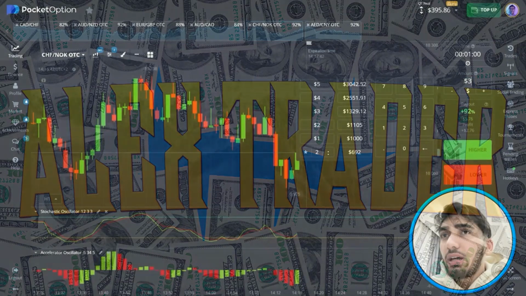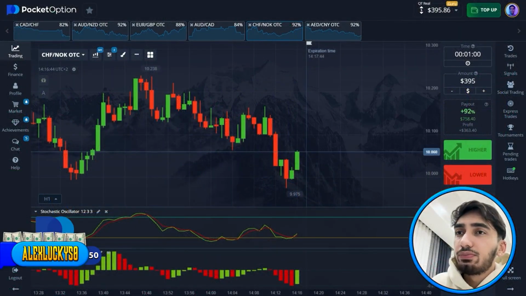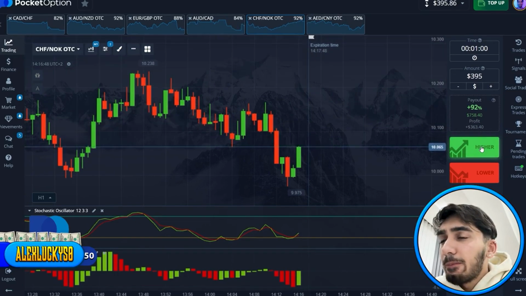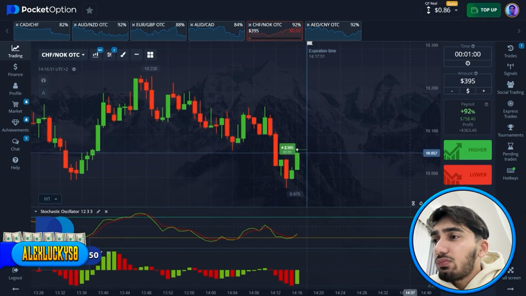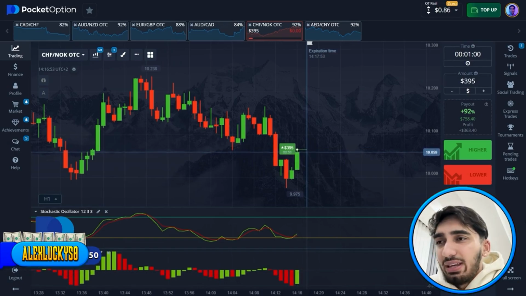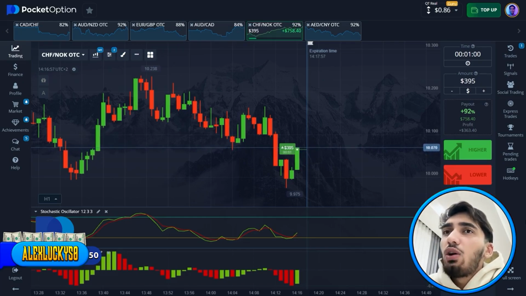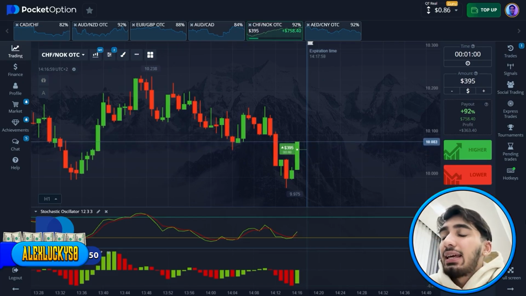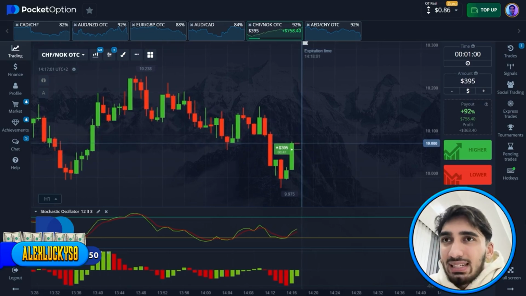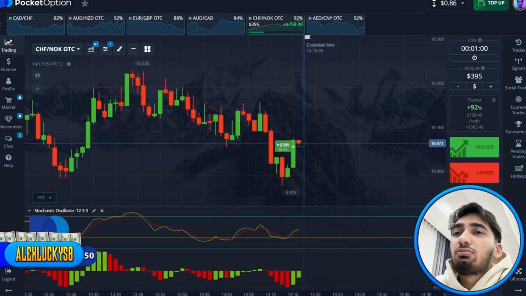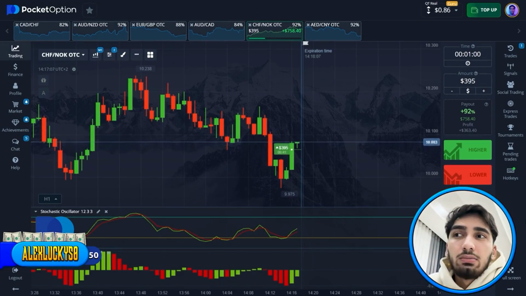Okay, I'll tell you why, guys. Right now, that strong bullish candle confirms the upward movement, and stochastic is also signaling a bullish trend.